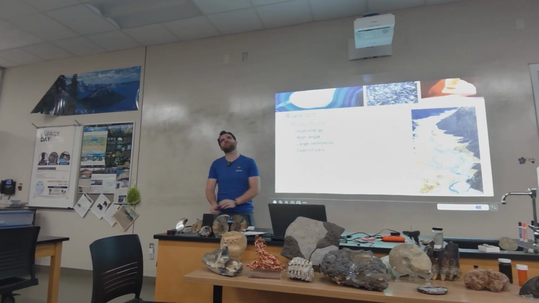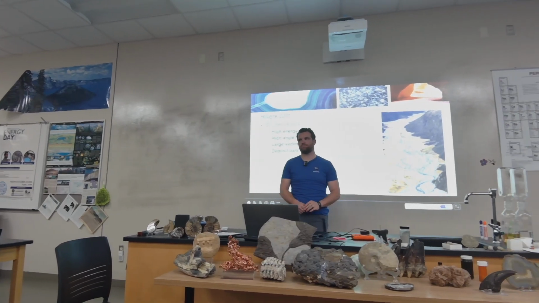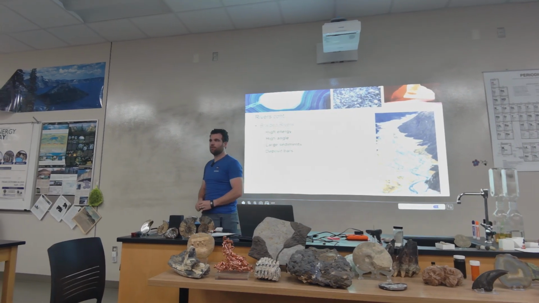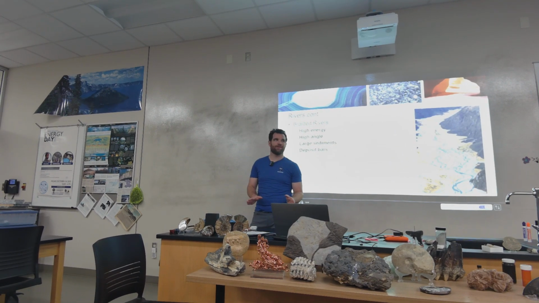Are the particles in my meandering stream going to be larger or smaller than the ones in my braided stream? Why? Particle size is directly correlated to? Oh, because the braided is hitting everywhere. Or like the rocks are hitting everywhere in the water. We're not there yet.